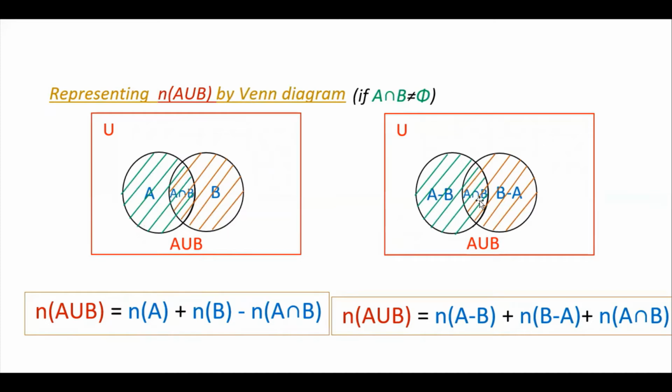In this case, A minus B means you have to exclude the common elements, so n(A minus B). And here also you have to exclude the common elements. B minus A means excluding the common elements. So n(B minus A) plus, since you are excluding this part in this case and in this case, you have to add this part, so n(A intersection B). This is n(A union B).